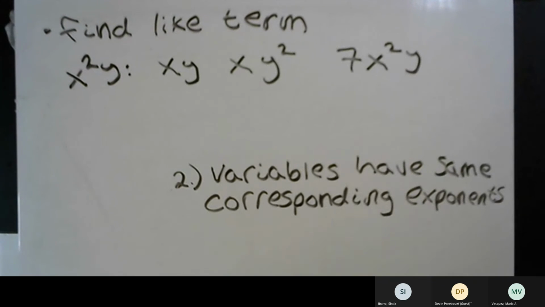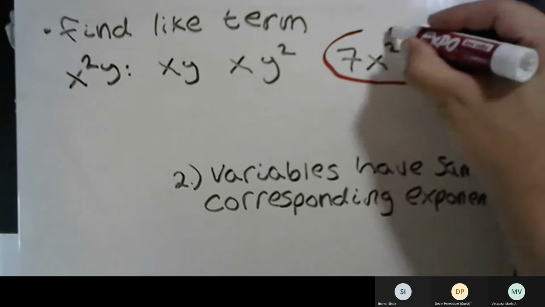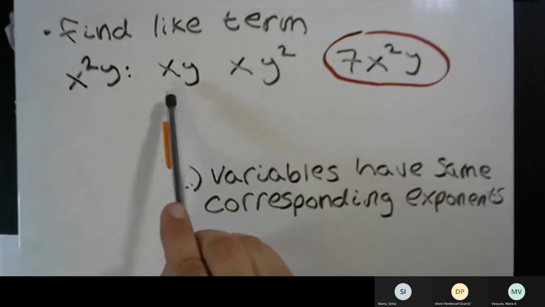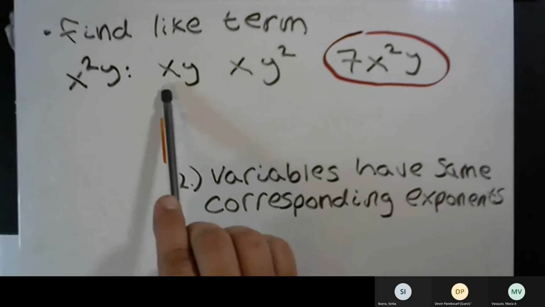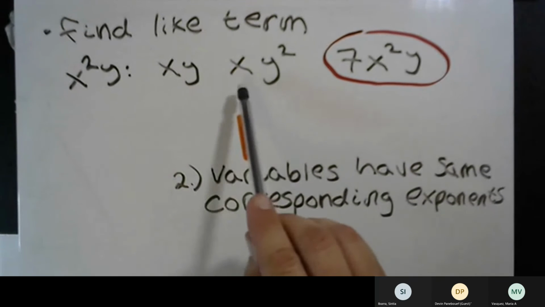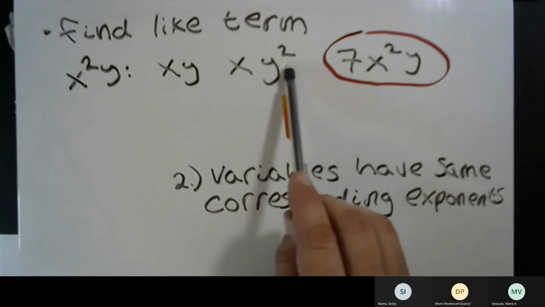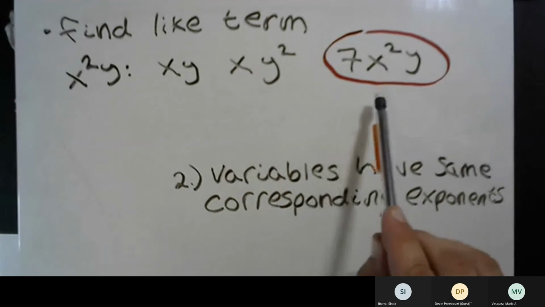And amongst these, the like term is going to be this one. Now, this one has the same variables, but there's no square on the x, so it's not going to work. This one has the same variables, and there is a square, but it's on the wrong variable. It needs to be on the x, it can't be on the y.